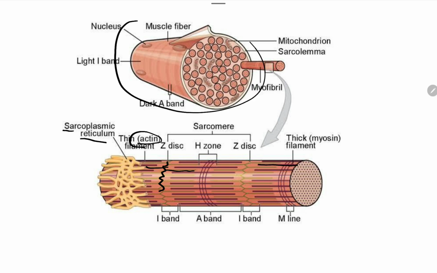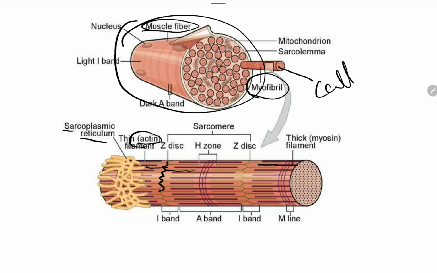So this is a tissue of the muscle, and this is a cell, okay, myofibril. So tissue is covered by the muscle fiber, and it has the nucleus and bands, dark I band and A bands. Each fiber has the thin filament, thick filament, and a sarcomere. So all the structures we can see in each myofibril cell.